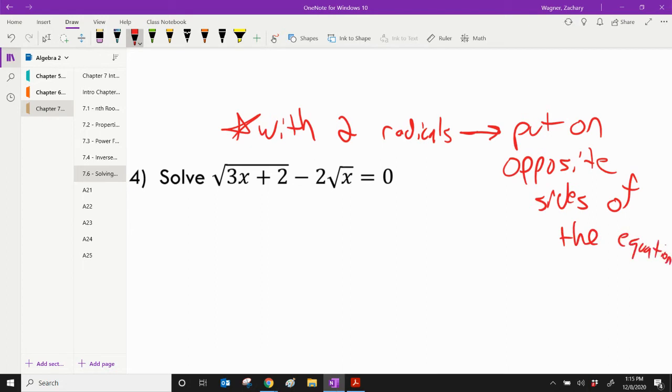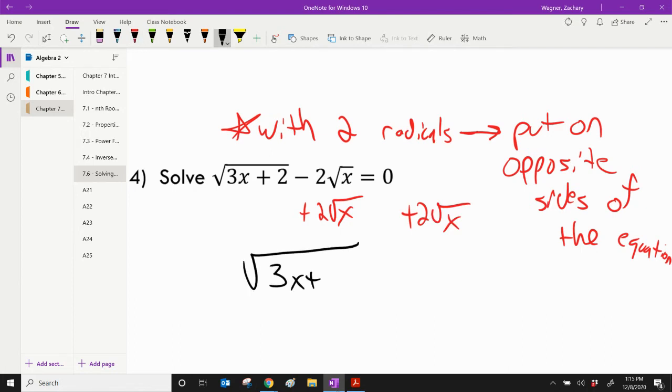If you ever get to the point where you're solving an equation with 2 radicals, you need to add this, flip it over, and then square both sides. What you'll be left with is root 3x plus 2 is equivalent to 2 root x.